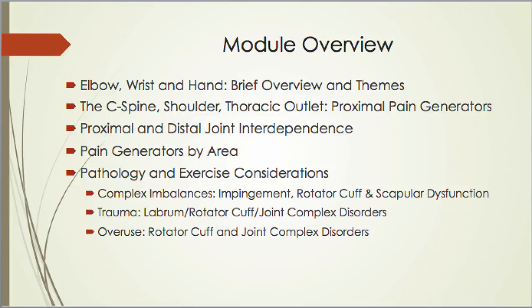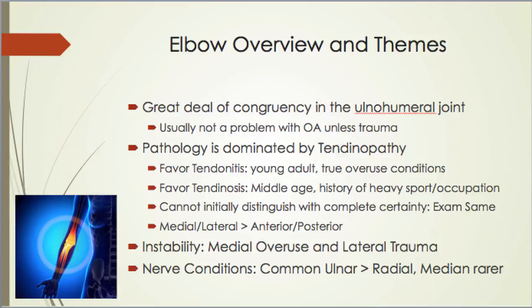And then we'll look at pathology and exercise considerations. So an example of pathology and exercise consideration of shoulder is impingement, rotator cuff, and scapular dysfunction. So we'll look at some of those things with regard to the elbow and the wrist and hand.